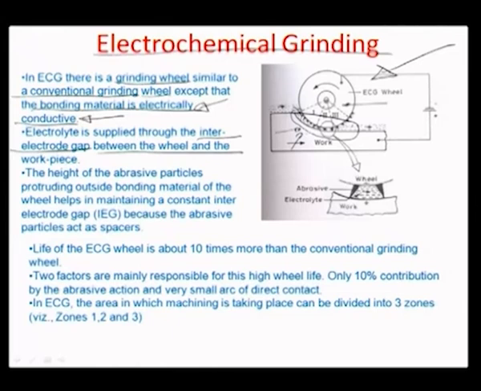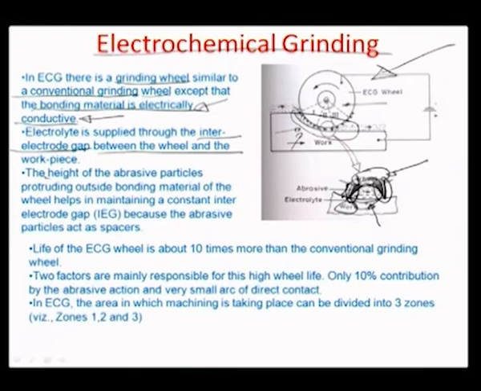One more aspect is the height of these abrasive particles which are bonded onto the metallic wheel. The height sticks out to just about an extent where it is equal to the inter-electrode gap. So for one instance of operation, there is a cell which is formulated between, let us say, the two abrasive grains on the surface, the workpiece, and the conducting matrix binding the grains on the wheel side. So there is a small, local electrochemical cell which is created in this manner between the ECG wheel and the workpiece.